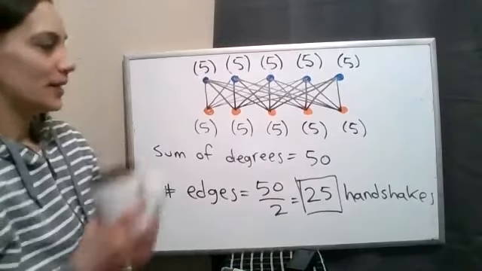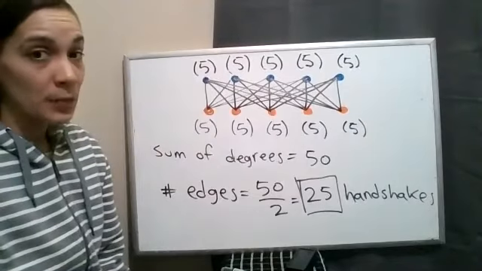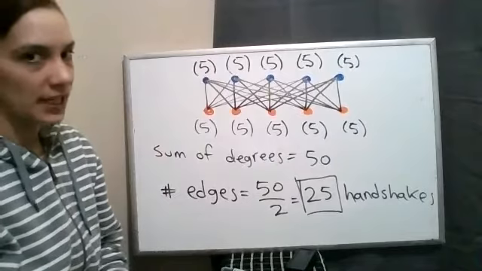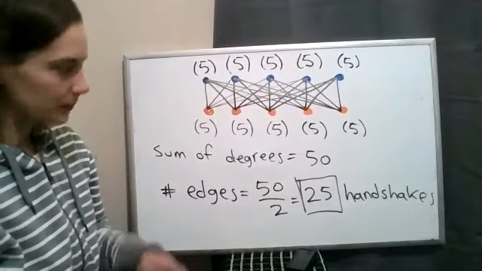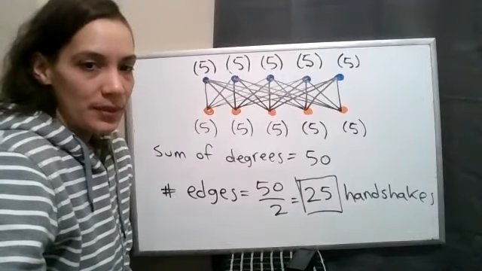Okay, so the next problem, we're going to start a whole new graph and just redraw everything just in case. We will have 5 people sitting at a table.